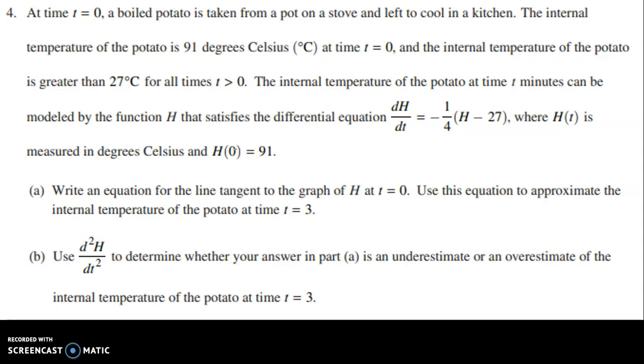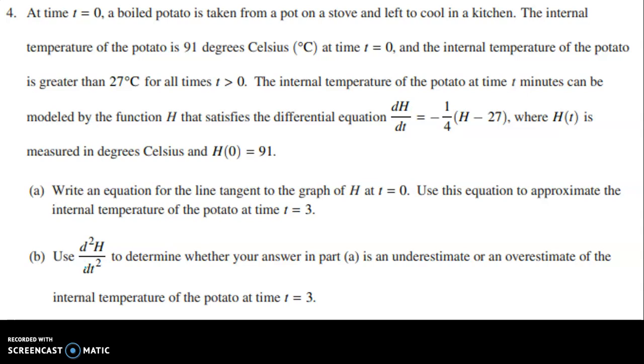So this is telling me that my initial internal temperature is 91 degrees. When t equals 0, the initial temperature is 91, which is what it told me already. We're going to do two things with this one, and we're going to do it on two separate slides. We're going to write an equation for the tangent line at t equals 0, and then use this equation to approximate the temperature at t equals 3.